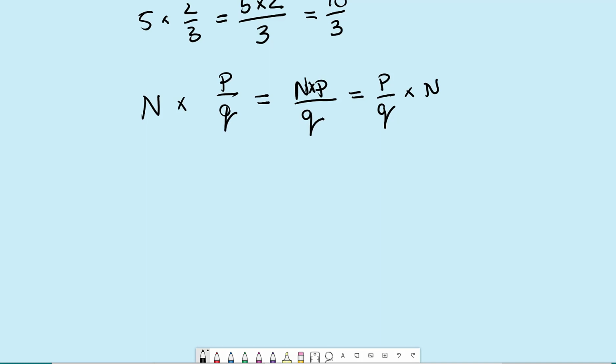So this was a review of how we multiply a fraction and an integer. To recap, you're allowed to change the order, and basically when we're multiplying an integer and a fraction, we can multiply the integer by the numerator of the fraction. Remember, this is the numerator, and this is the denominator.